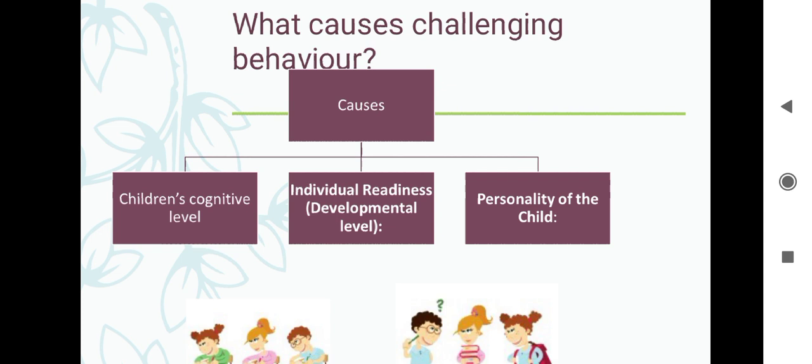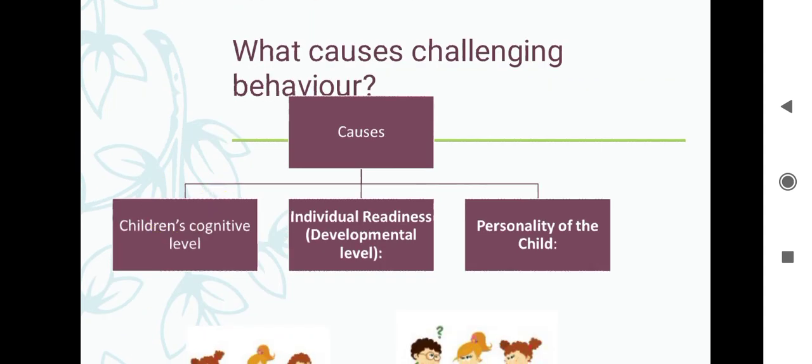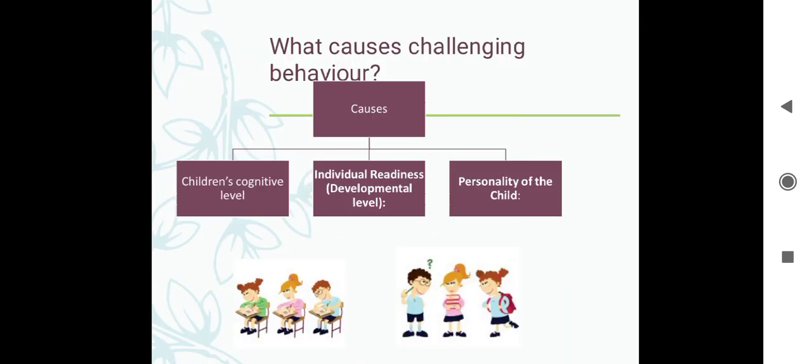What is children's cognitive level? Usually children have yet to possess the ability to differentiate between what is right and what is wrong. So children are unable to follow, to do what is right, what they should do and what they shouldn't do, according to social practice, according to family rules and regulations.